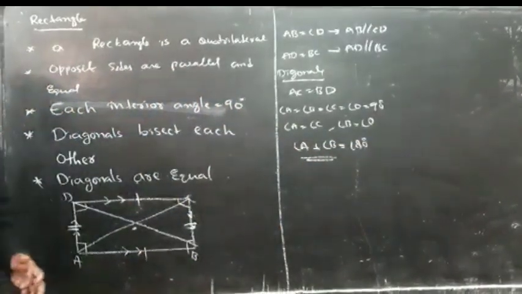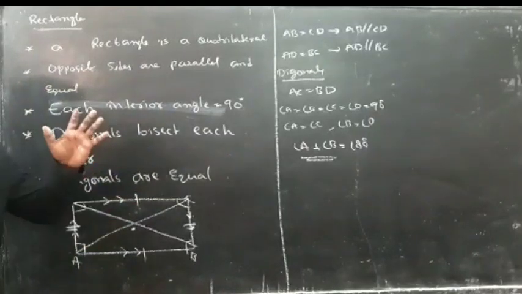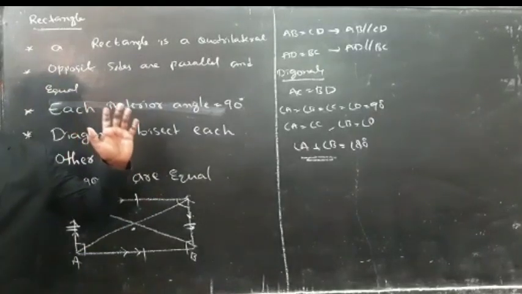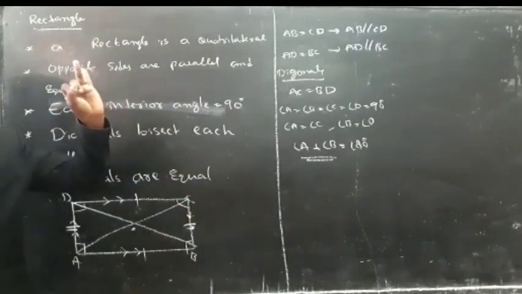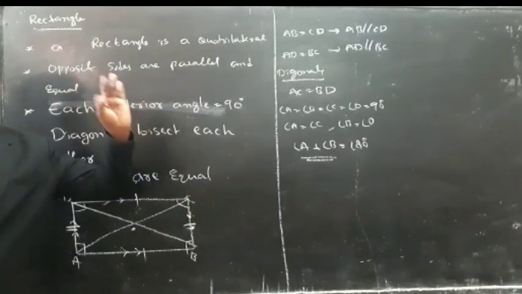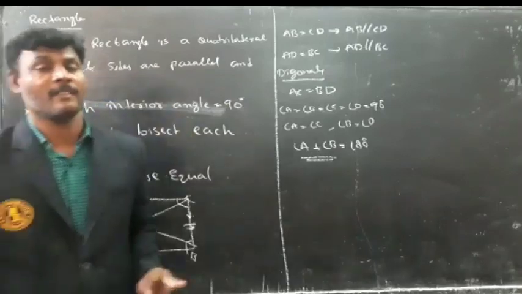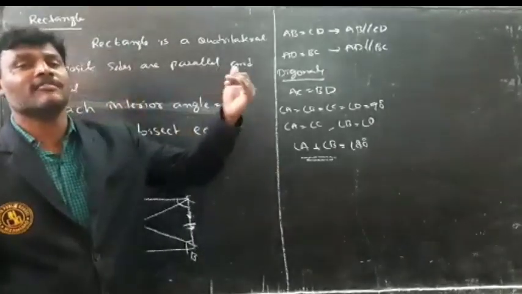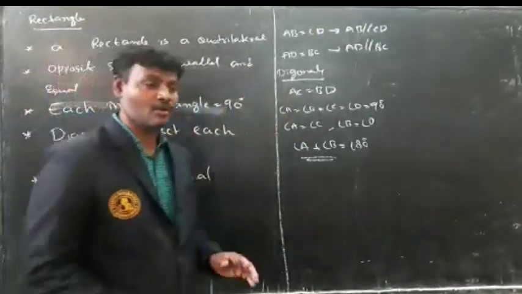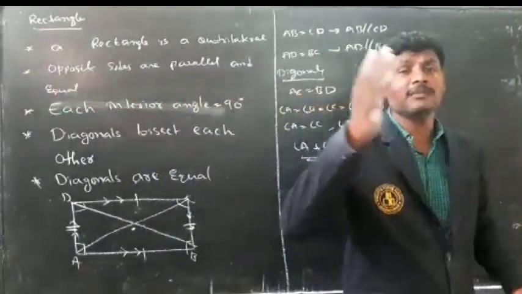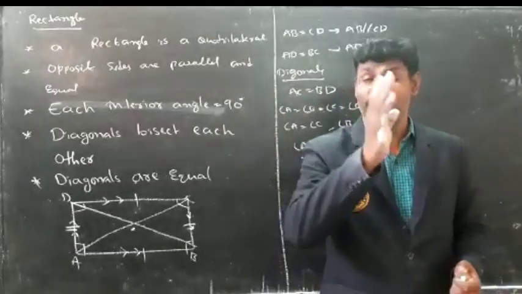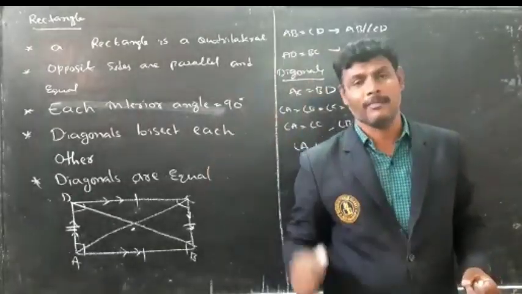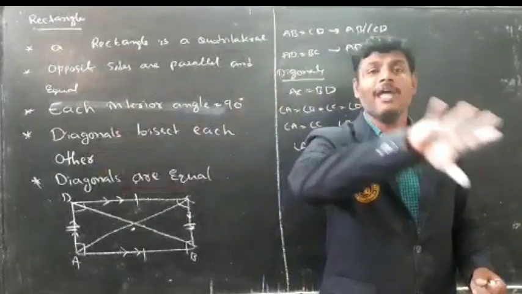What are the properties of a rectangle? Opposite sides are parallel and equal. Number 1, diagonals bisect each other. Number 2, diagonals are equal and each and every angle is equal to 90 degrees. So a rectangle is nothing but a parallelogram. Every rectangle is a parallelogram, but a parallelogram is not a rectangle.